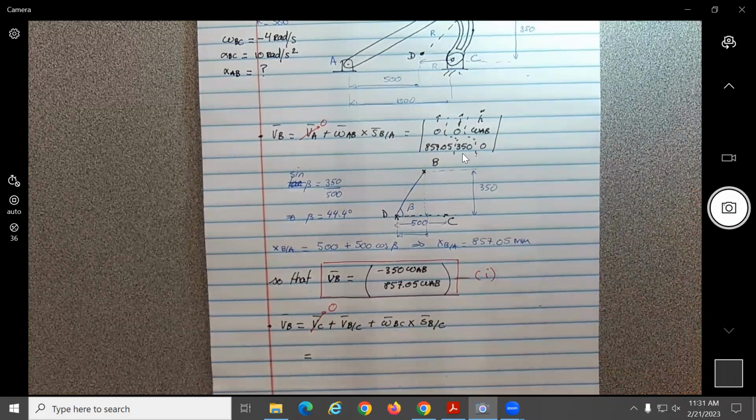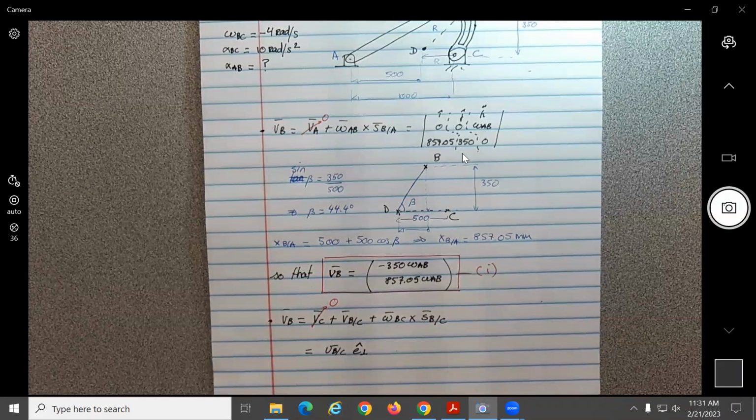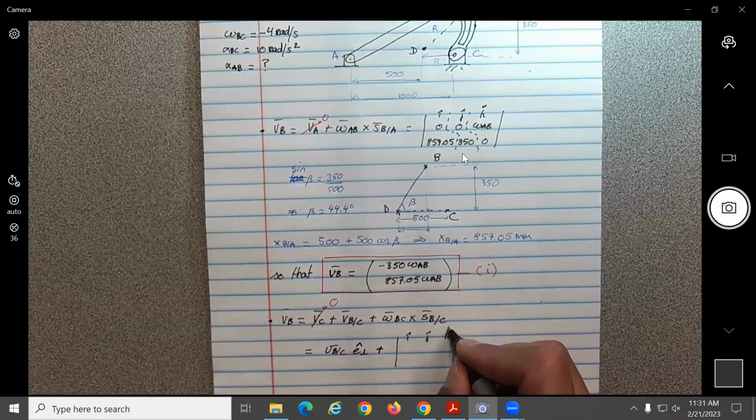And then I'm going to do a little figure. So let's say we have the magnitude of V with respect to C, in the tangent direction, or perpendicular, plus I, J, K, so 0, 0, -4.